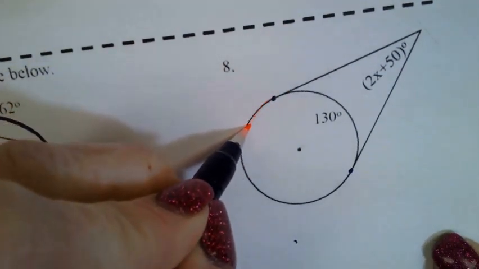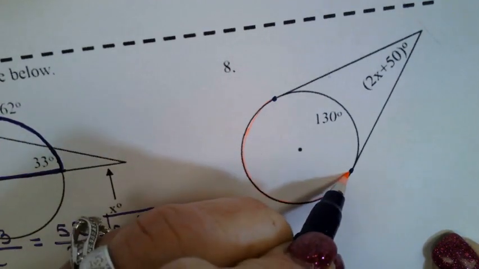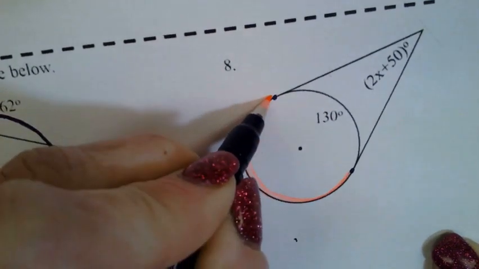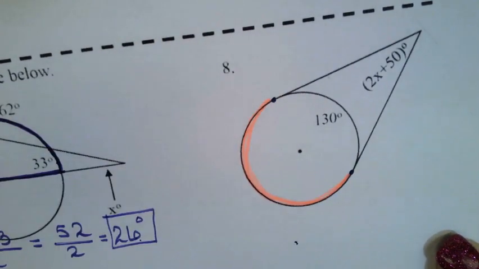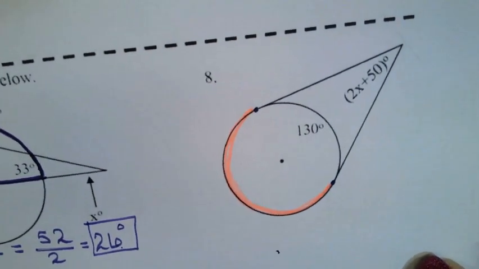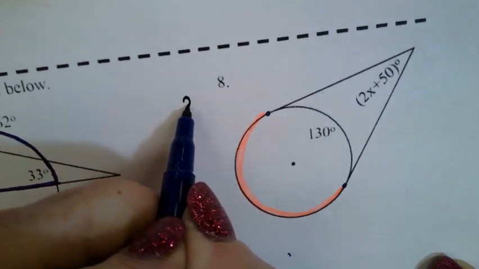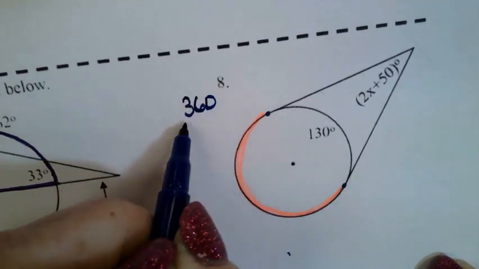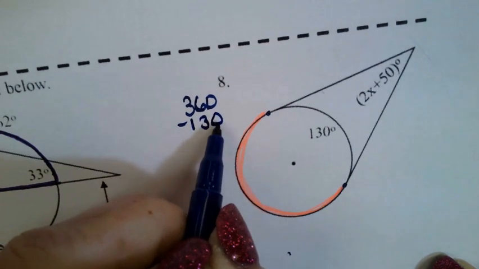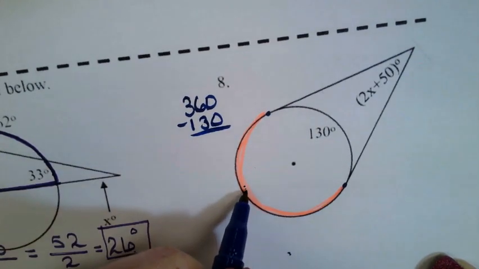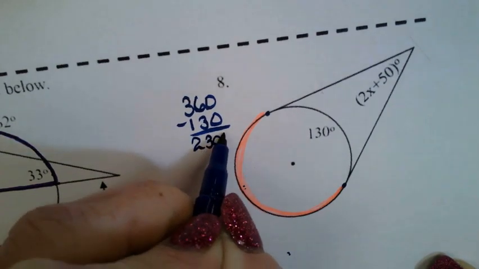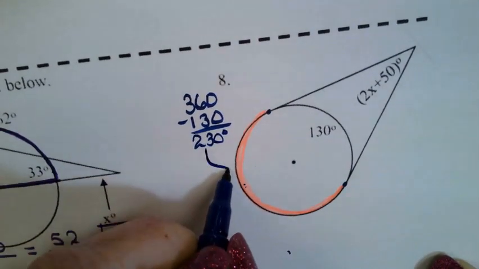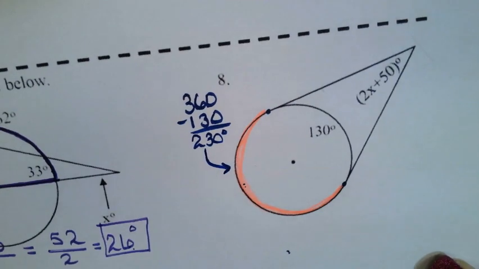So this is my outside arc right here, and my inside arc measures 130. So the first thing I need to do is take 360 minus 130 to get the measure of this arc. So 230 degrees is the measure of this arc right here.